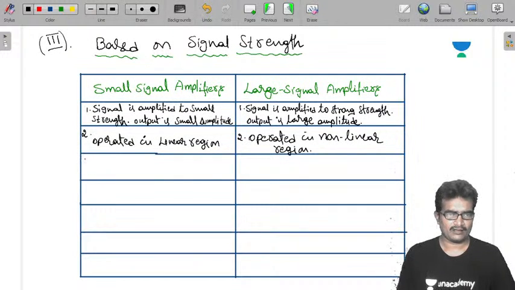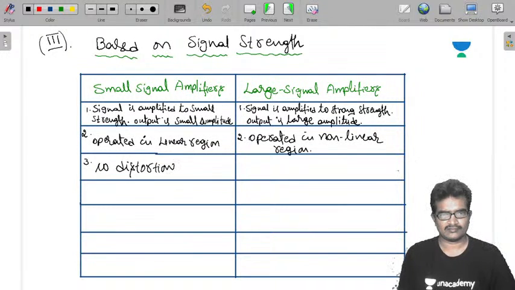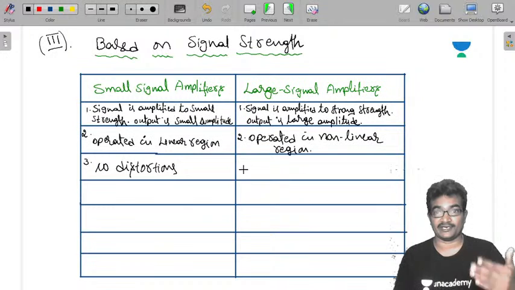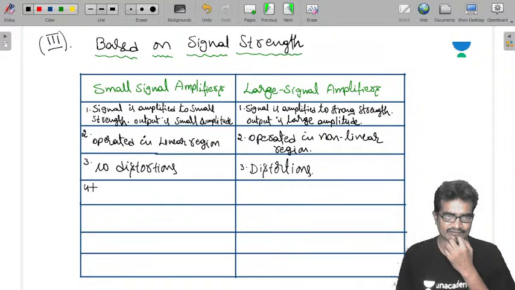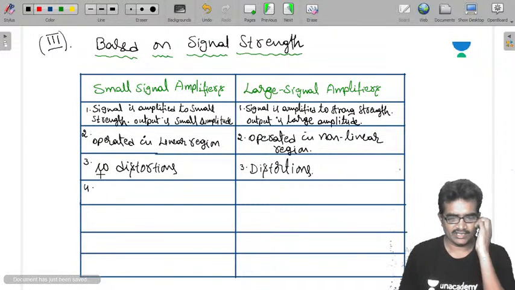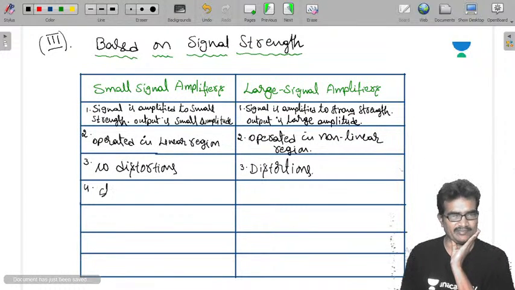The third point: here there are no distortions because it operates in the linear region. Here there are distortions because it operates in the non-linear region.